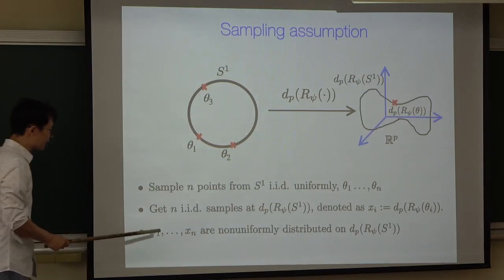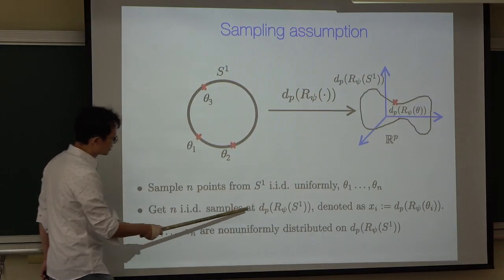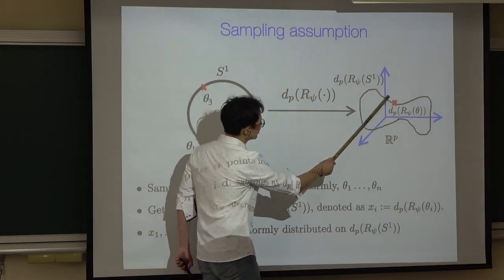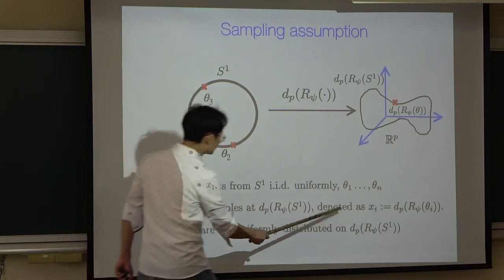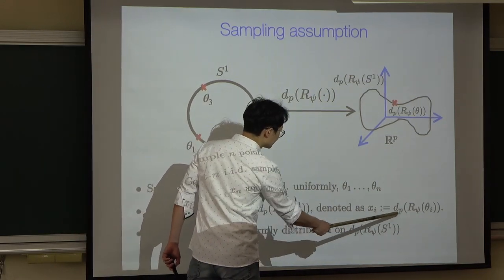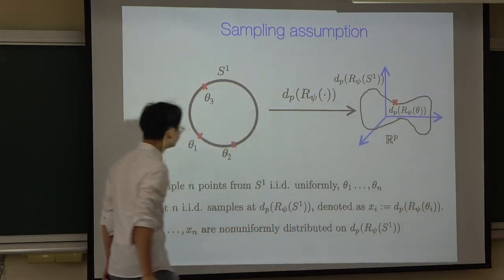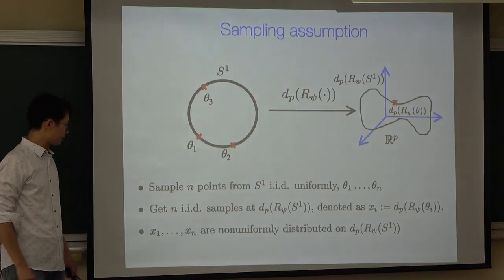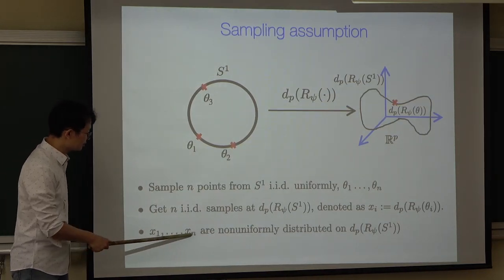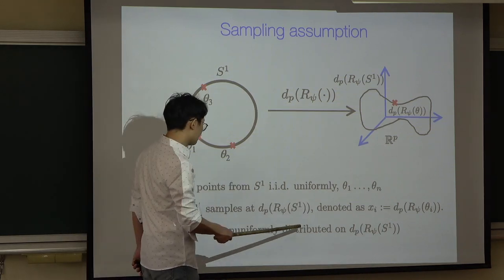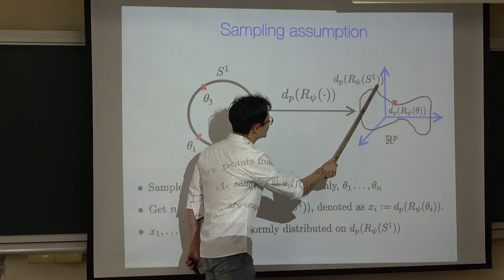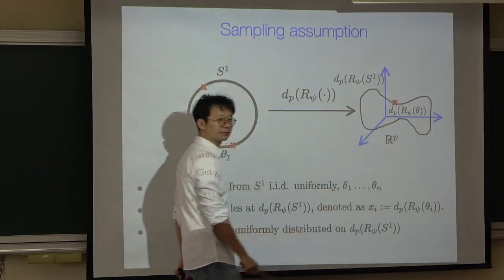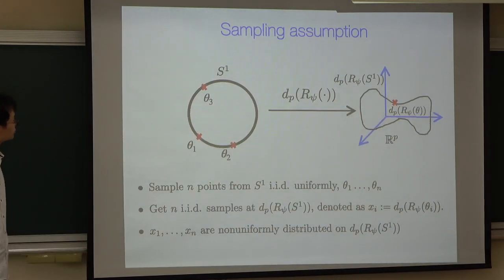So in the end, you get n IID samples on this discretized one-dimensional manifold, and you denote x_i as the discretized Radon transform of psi at theta_i. So x1 up to xn are non-uniformly distributed points on this one-dimensional manifold. So that is the sampling assumption.